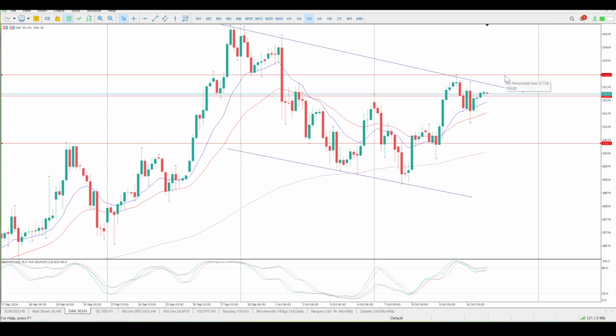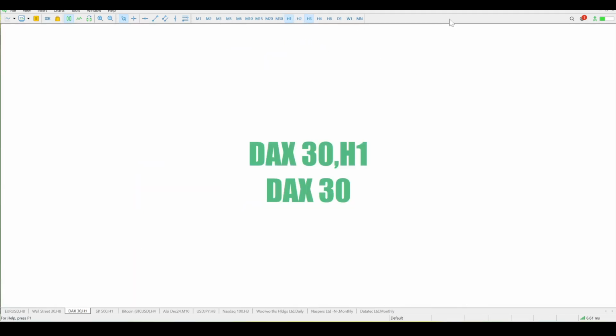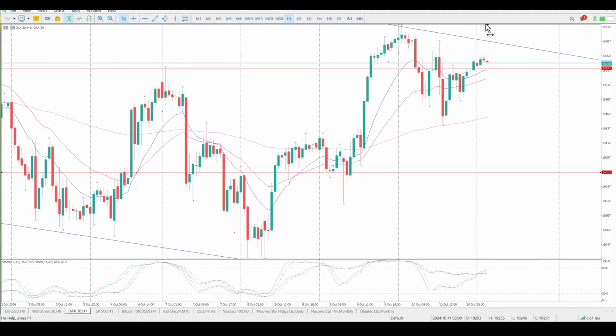So clear break and retest at 19,320 gets us long. But at the moment, big down, big up, big down, big up, big confusion within a consolidation pattern. There is another bit of structure right here at 19,241 that we want to pay attention to. And those are the levels you need to look at on the lower time frames.